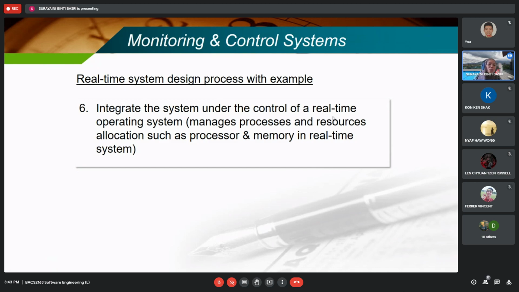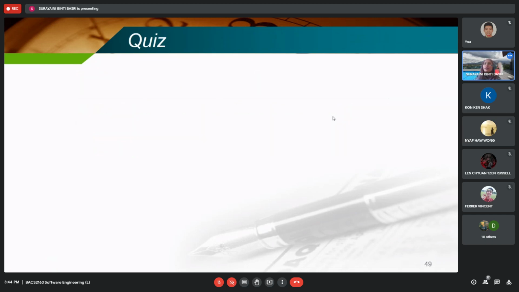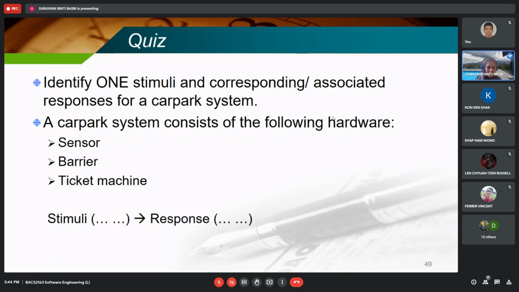So which processor will serve that stimulus or process, and how much memory is allocated for that stimulus and response. Okay, so we proceed to our quiz.